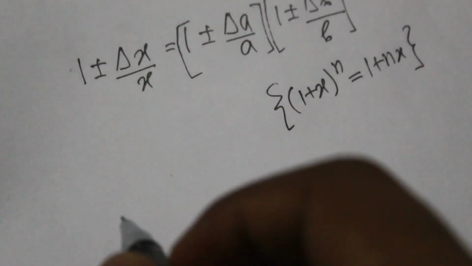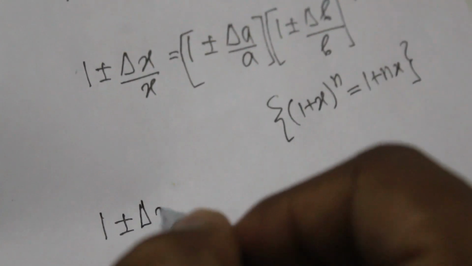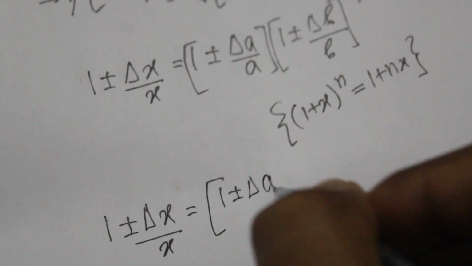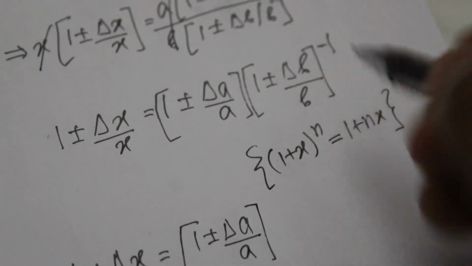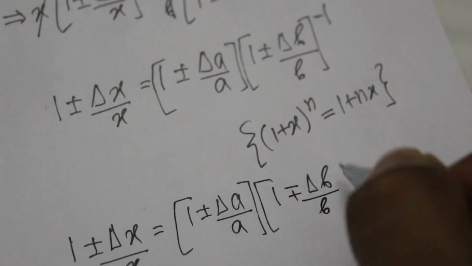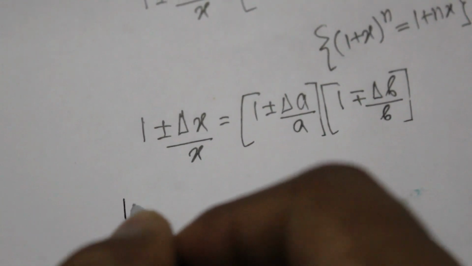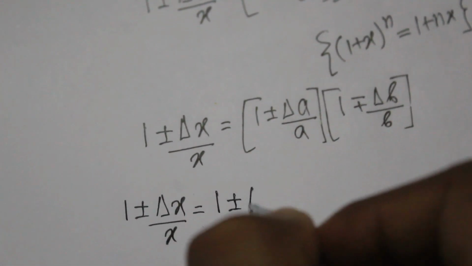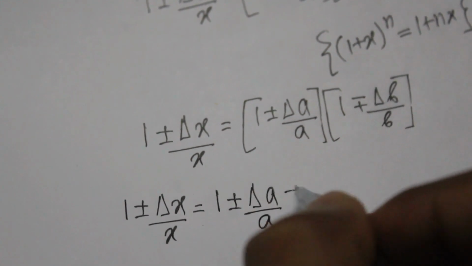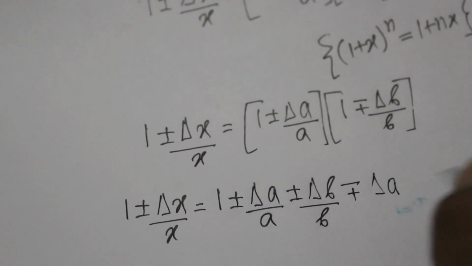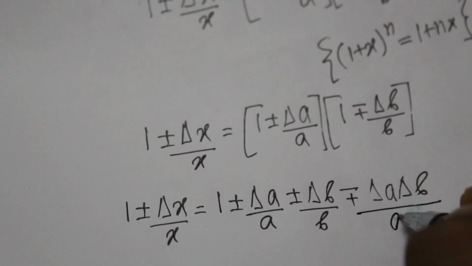Using this, we can write 1 plus minus delta x upon x is equal to (1 plus minus delta a upon a) into (1 minus plus delta b upon b), since the power is minus 1. If I open the bracket, I get 1 plus minus delta x upon x is equal to 1 plus minus delta a upon a plus minus delta b upon b minus plus delta a delta b upon ab.